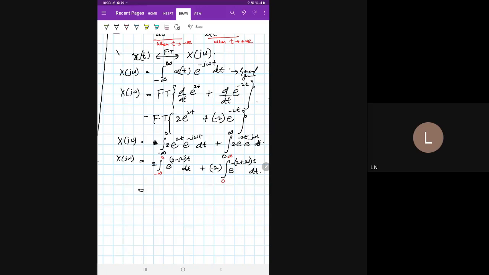If we integrate it, we will have 2 divided by 2 minus j omega, because integration of e raised to power at is equal to e raised to power at divided by a, okay.